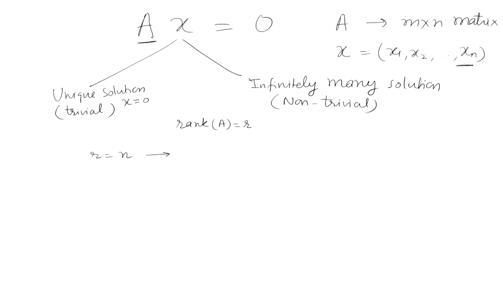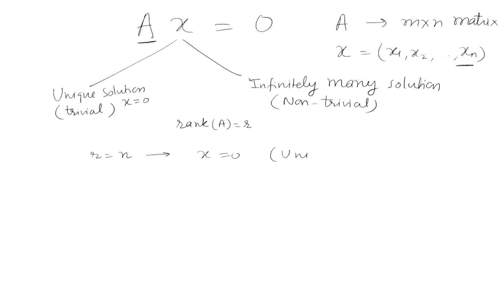This means the echelon form of this matrix has n linearly independent rows, with n unknowns. So it will have a unique solution, which is the zero solution or trivial solution.